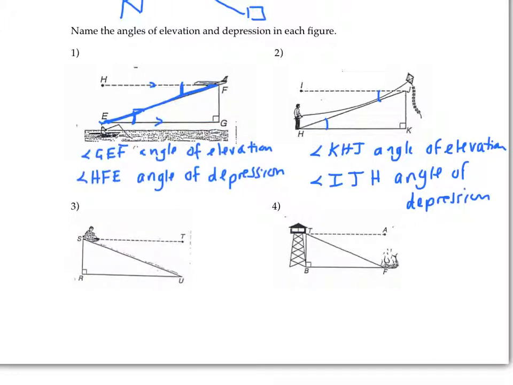Okay. In the next picture, we've got a little person on a sled. If he's at the top of the hill, he looks straight out towards the horizon, then he looks down to the bottom of the hill where his friends are. That's an angle of depression, so angle TSU would be the angle of depression.